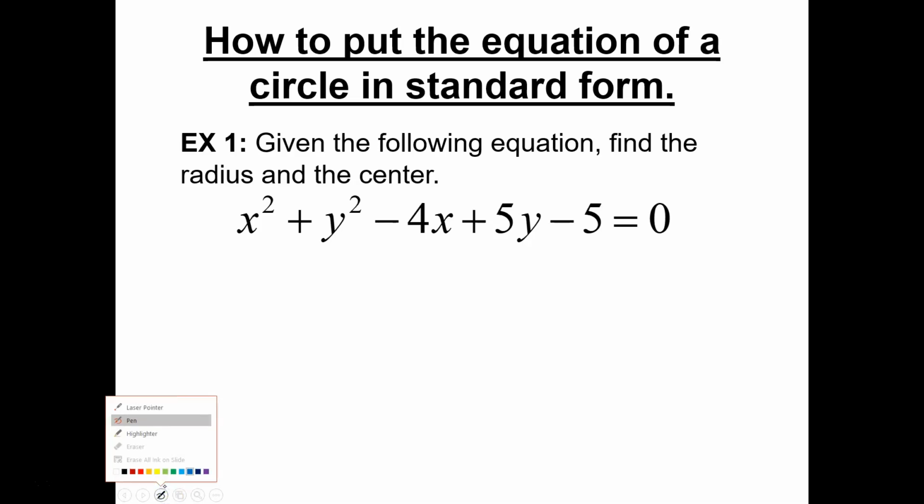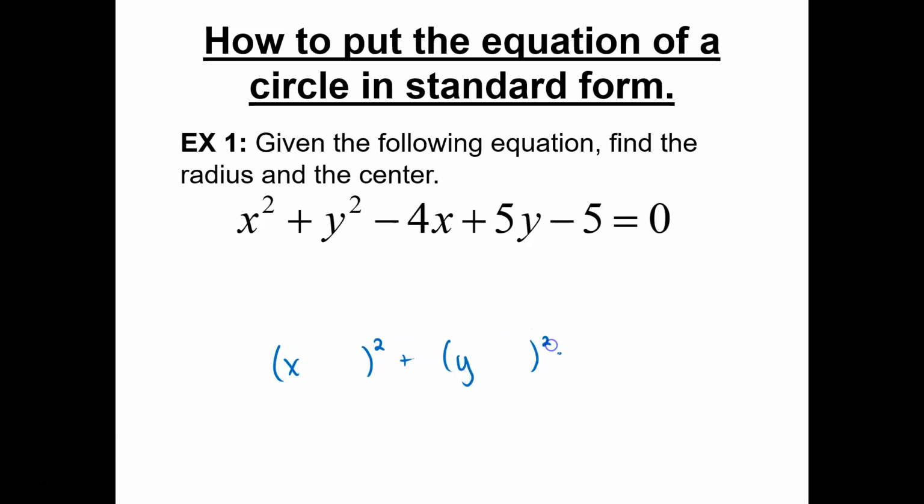So, if I'm given this equation and asked to find the radius and the center, I've got to put this into that standard form of a circle. So, what I'm going to have to do is complete the square twice for this, because I need this to look like x plus something squared plus y plus something squared equals a radius squared here. That's what I want this to look like for this problem.